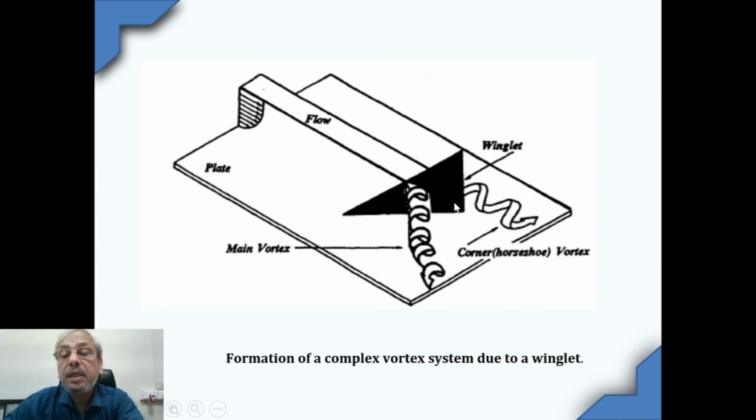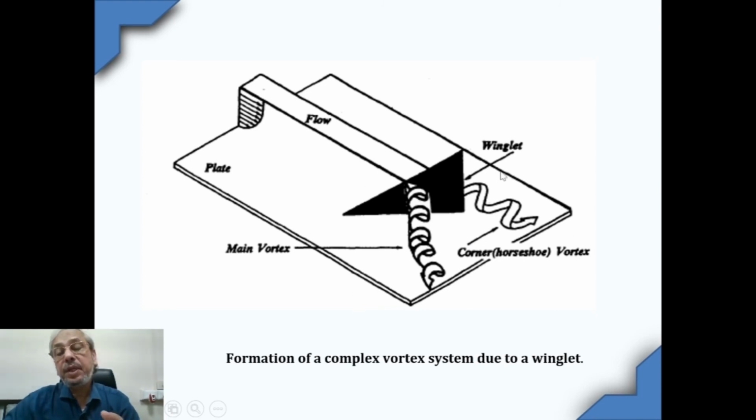Due to that, another vortex will be created, which is called corner vortex. The creation of this vortex follows the basic philosophy of the horseshoe vortex. So this will be another vortex, and the fluid between these two vortices will also undergo a rotation.